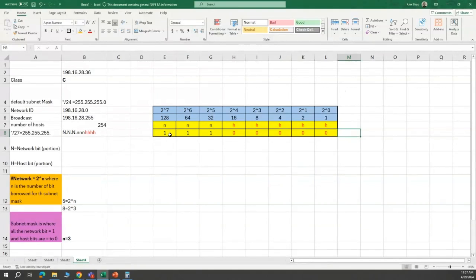We just add the value of the column multiplied by the bit for all of them. So it's 128 plus 64 plus 32 plus 0 plus 0 plus 0, which are all zeros anyway. So what would that be? 128 plus 64 is 192. Plus 32 is 224, right?